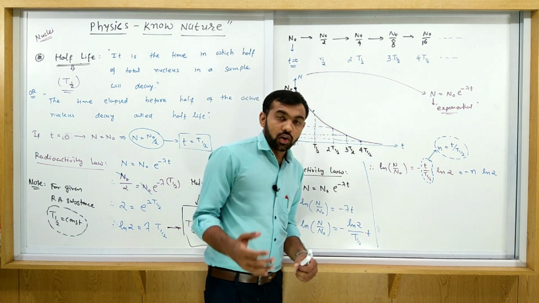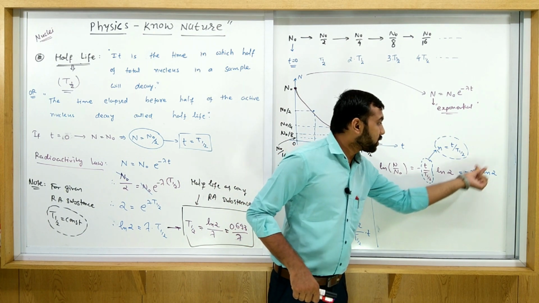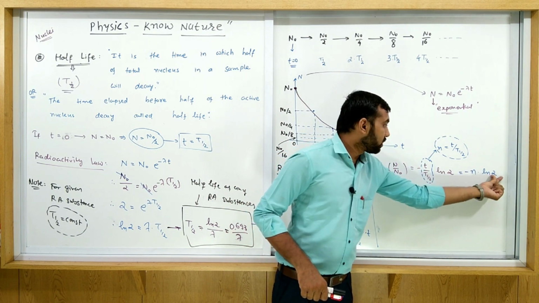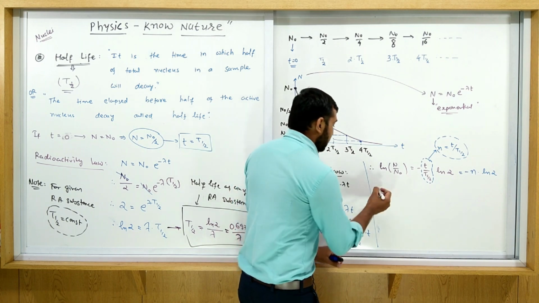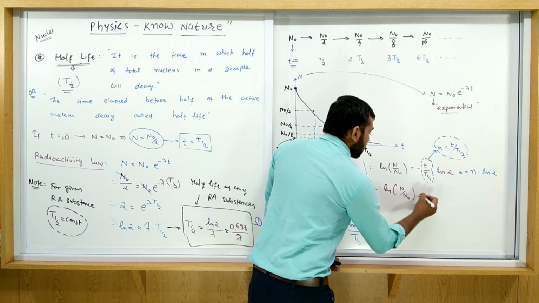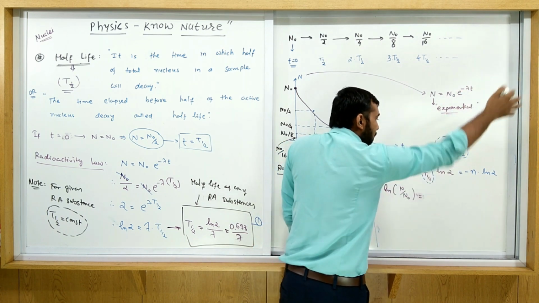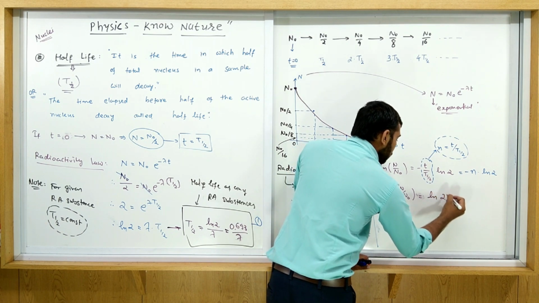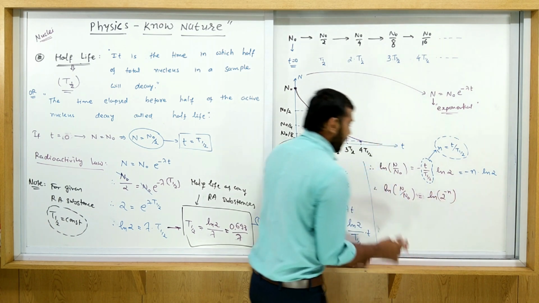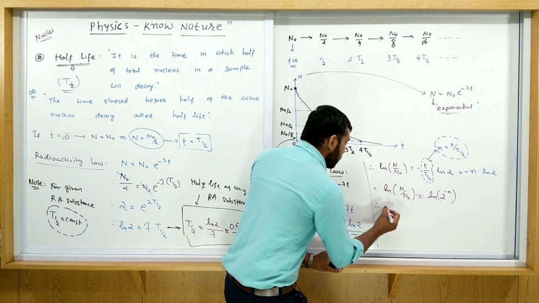As we know, if anything is multiplied with a log, it comes into the power. So finally we get ln N upon N0 is equal to ln 2 raised to minus n. So both are equal.